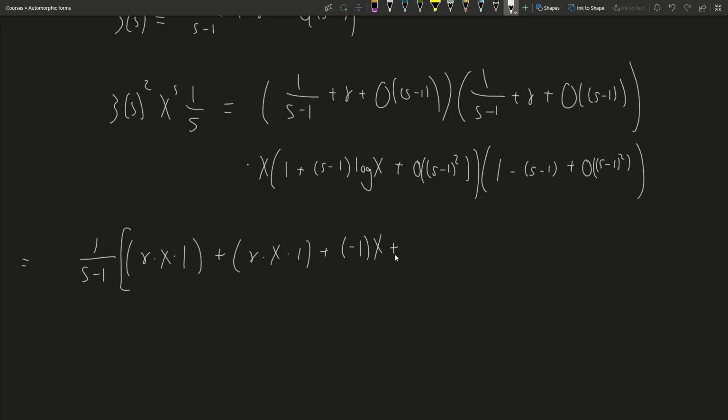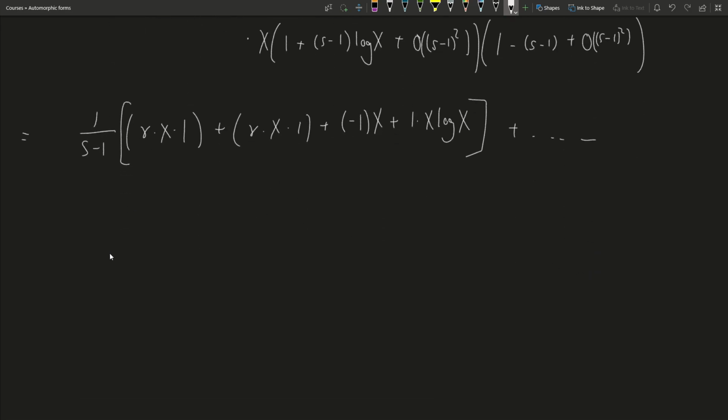Or, and this is sort of the interesting bit, we could take the x log x here and the 1 here, 1 times x log x. You see, this grows faster than the other stuff. And then plus whatever, the other stuff doesn't matter.